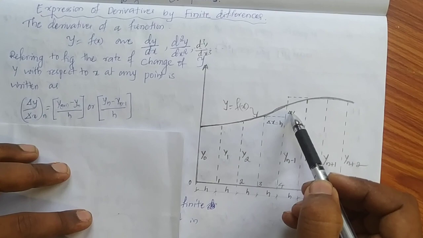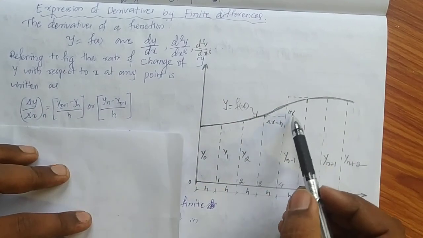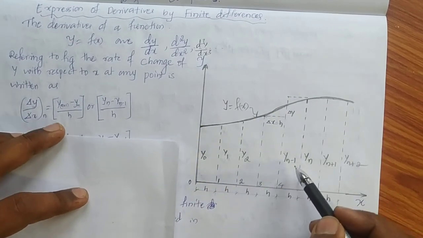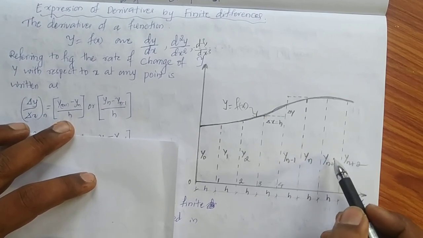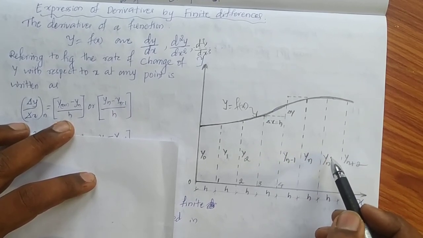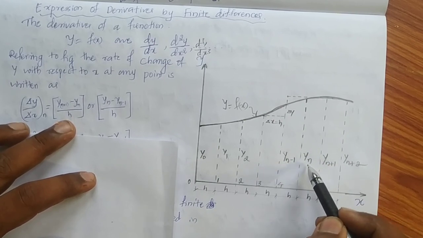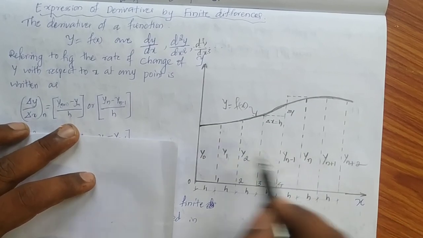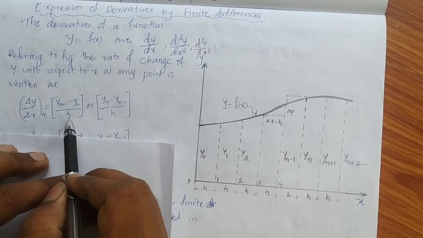Therefore delta y by delta x can be obtained as y n plus 1 minus y n divided by h.